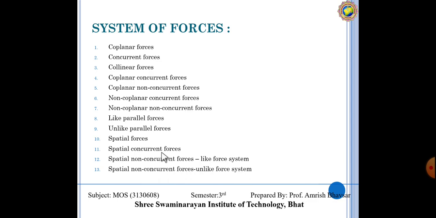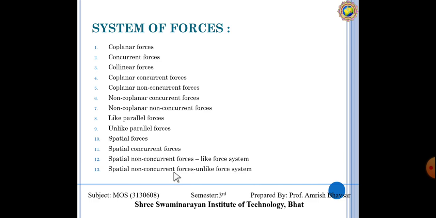Next one is spatial concurrent forces, means forces are acting in a space but they are acting on a single point, right? Like an example of a parachute. Next one is spatial non-concurrent forces but like parallel force system, means forces are acting in a space.